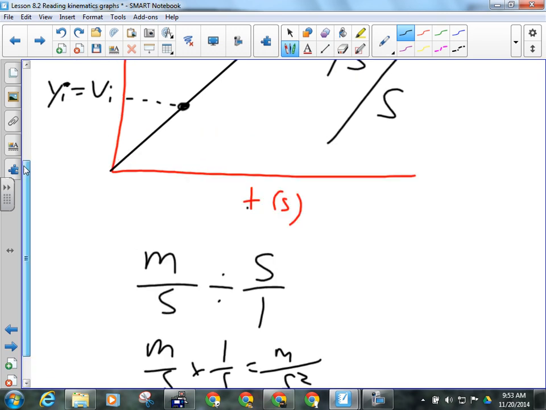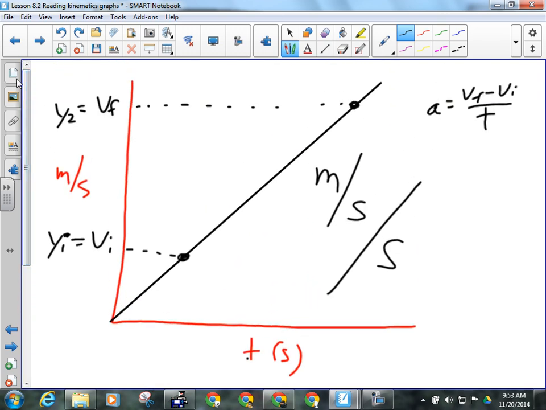All right, maybe write something like this down here in your velocity versus time part of your notes.